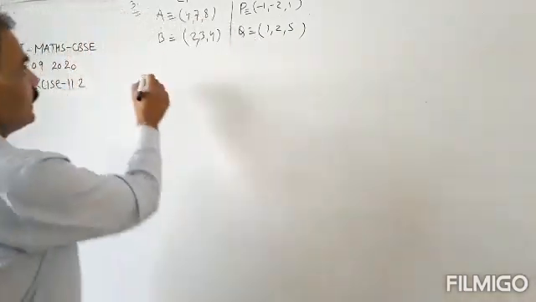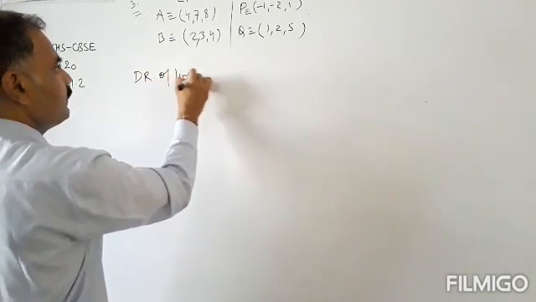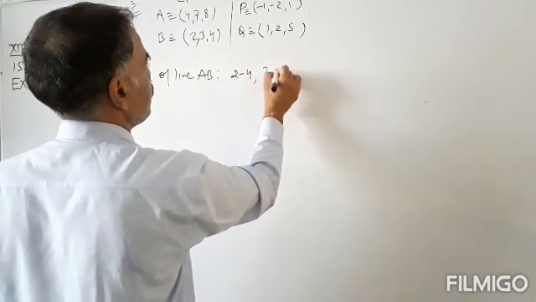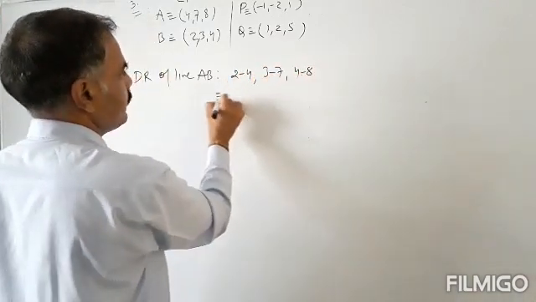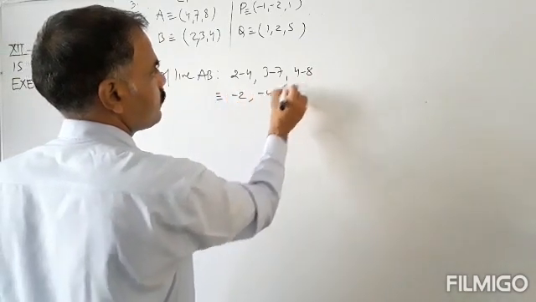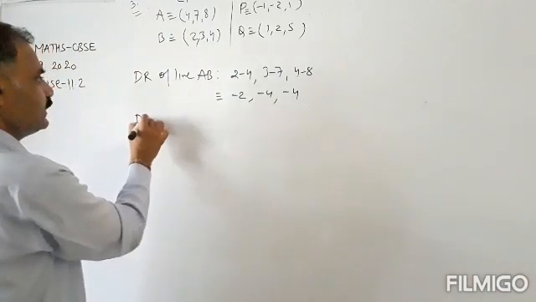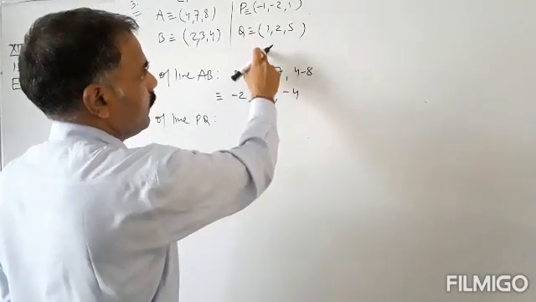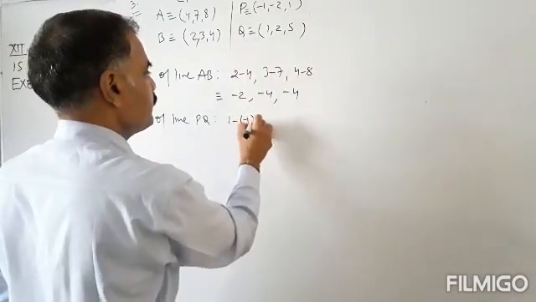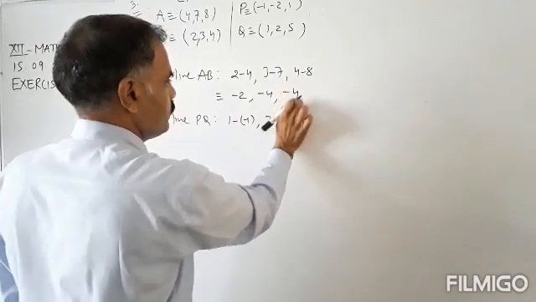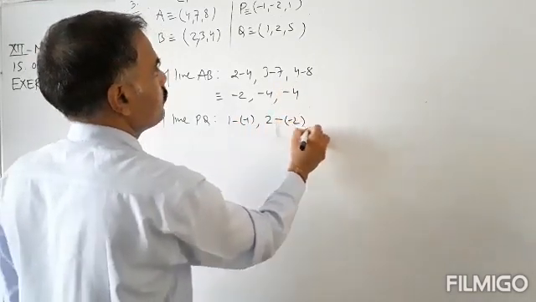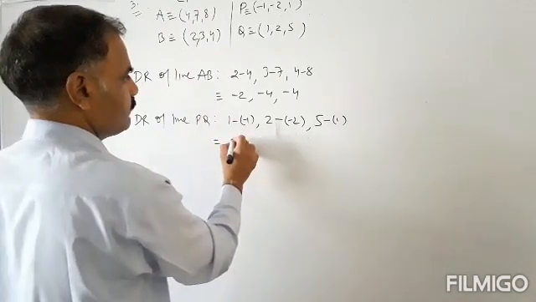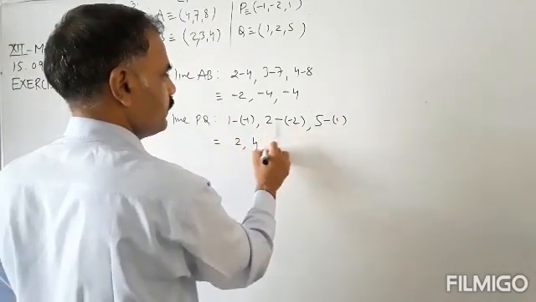So the direction ratios of line AB are x2 minus x1: 2 minus 4, 3 minus 7, 4 minus 8, that is -2, -4, -4. The direction ratios of line PQ are 1 minus (-1), 2 minus (-2) and 5 minus 1, that is 2, 4 and 4.